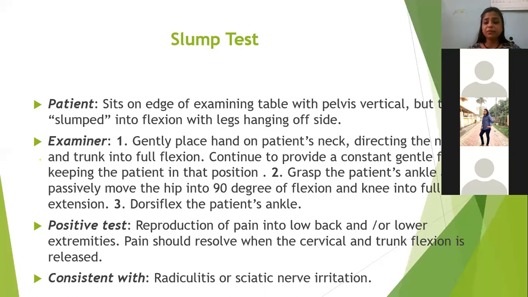In the next stage, you have to grasp the patient's ankle, passively move the hip into 90 degrees of flexion and extend the knee, and dorsiflex the patient's ankle. So first we bend the upper body, then we raise the leg up to 90 degrees of hip flexion, and then we dorsiflex the ankle. If there is a reproduction of pain in the lower back or lower extremity, that is a positive test.